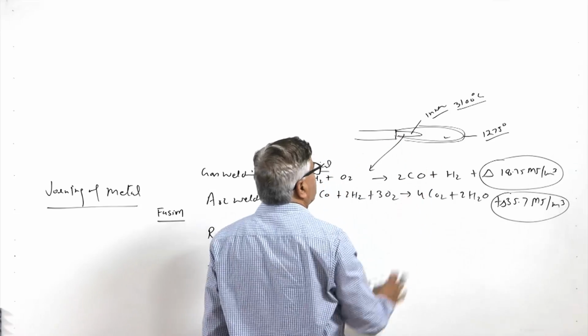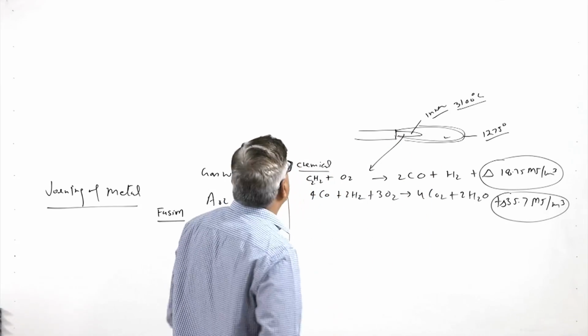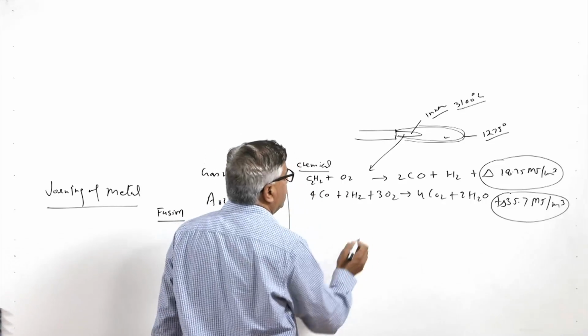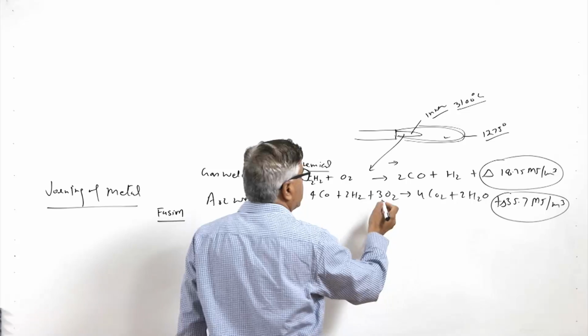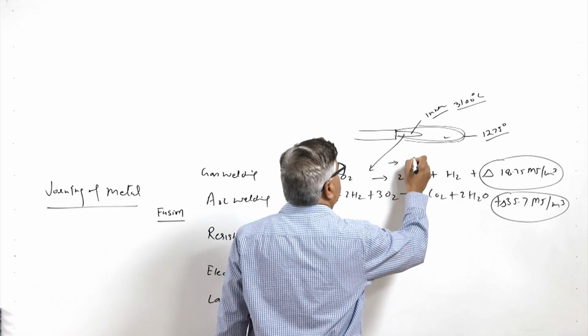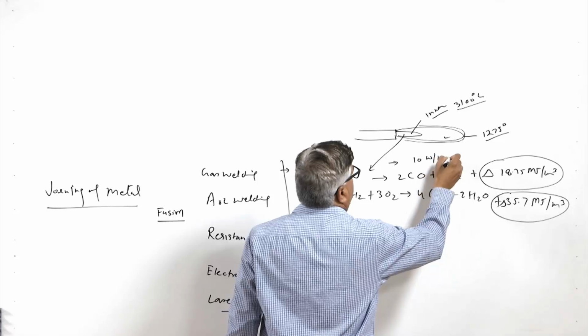Since the flame is much larger in size, it covers a very large area of the base metal, and that is why the energy density associated with this process is quite low, say 10 watt per mm square.